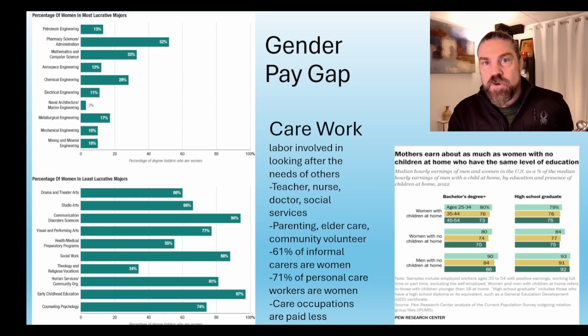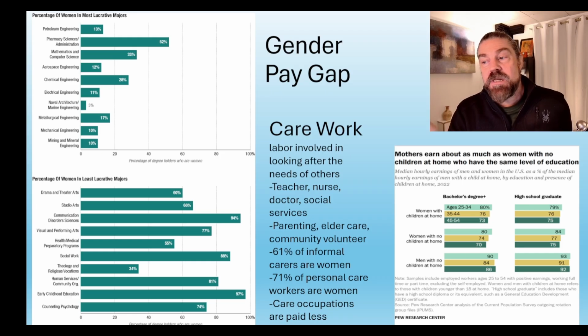61% of informal, that is not paid, carers are women. So women tend to take on those caring roles. Again, we know it's not biological. We looked over those personality traits. There's clearly not enough biological difference between men and women to make 61% of informal care be the choice of women, right? 71% of personal care workers, healthcare workers, and things like that are women.